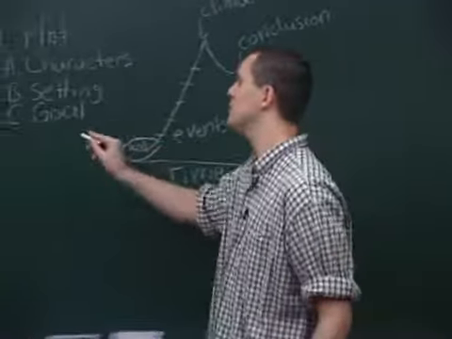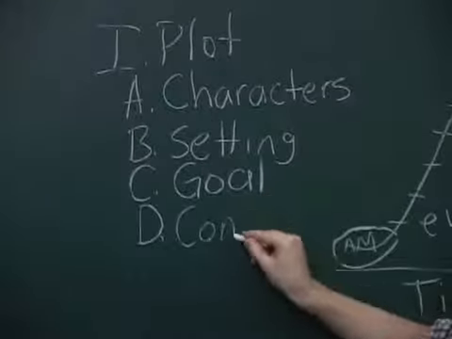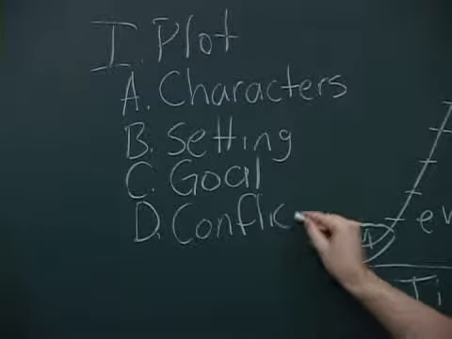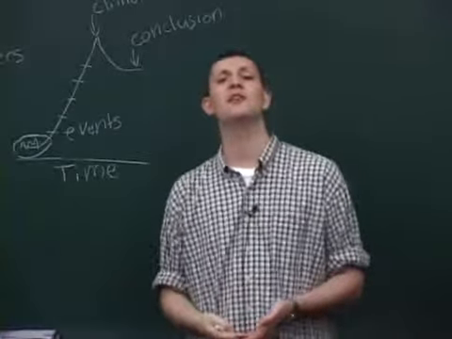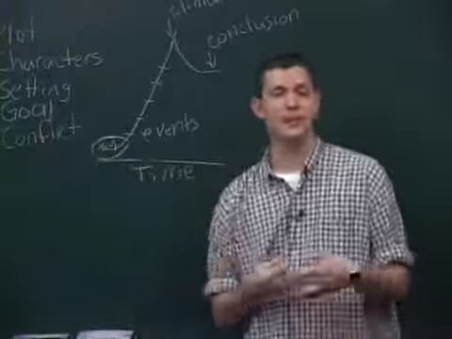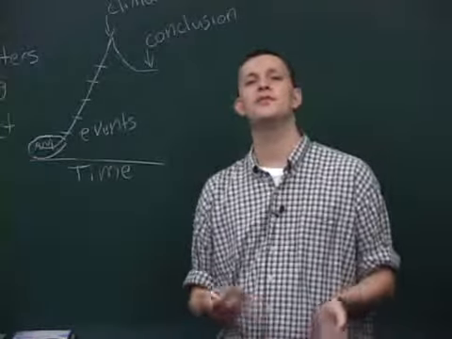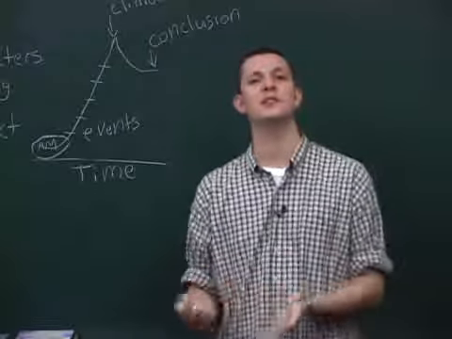So the next part that we should really talk about would be the conflict. This is also something that's given fairly early in the story. It's related to the goal, another reason why the goal is important. So the conflict is, what is stopping the character from reaching his goal?